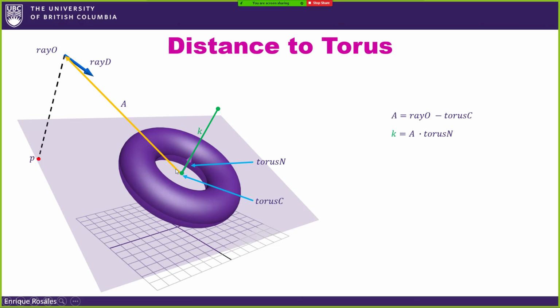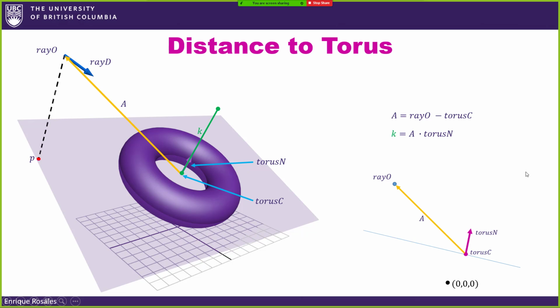What is k? k is the projection of the vector A on the normal of the torus. If you remember, if your vectors are normalized, taking the dot product between two vectors will give you exactly that. So the dot product between A and the normal will give you this distance k.